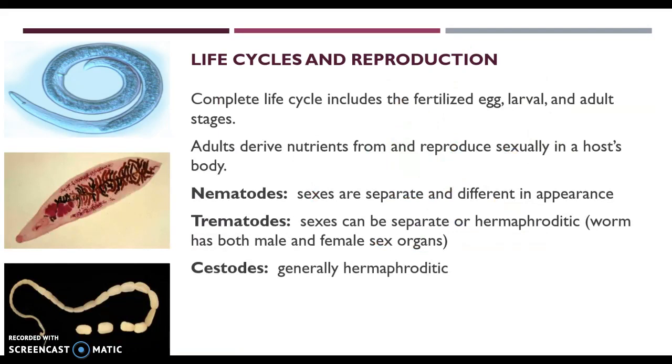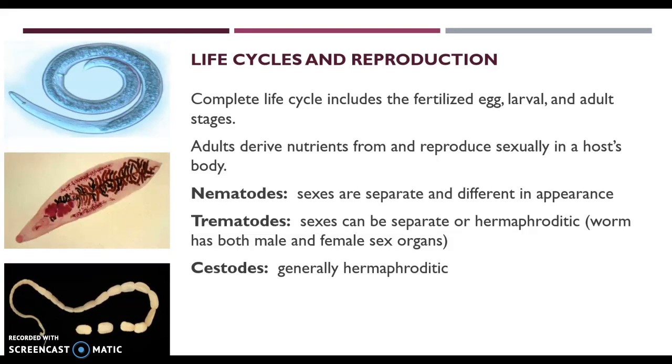So let's talk about how these organisms reproduce and what is involved in their life cycle. So all 3 worms complete a life cycle using first a fertilized egg, then the larva develops, and then we have the adult stage. Adults derive their nutrients from and reproduce sexually within the body of their host. And they reproduce differently. So our roundworms, or the nematodes, have separate sexes. So we have a male worm and a female worm.